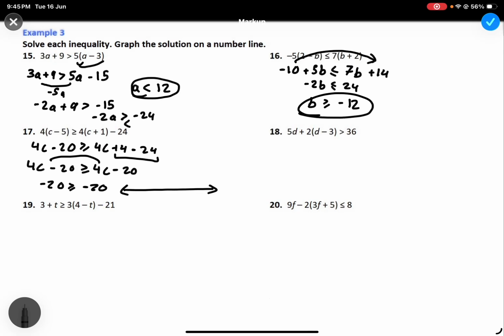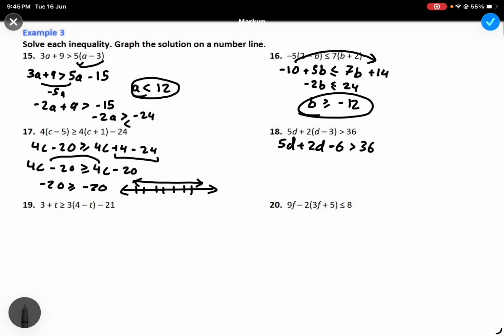On the number line, it looks like this. This is a number line, and you have numbers. The answer just looks like this. It's every single number. That's the answer. For question 18, this is quite simple. It's 5d plus, and then 2 times d is 2d, and 2 times negative 3 is negative 6, is greater than 36.